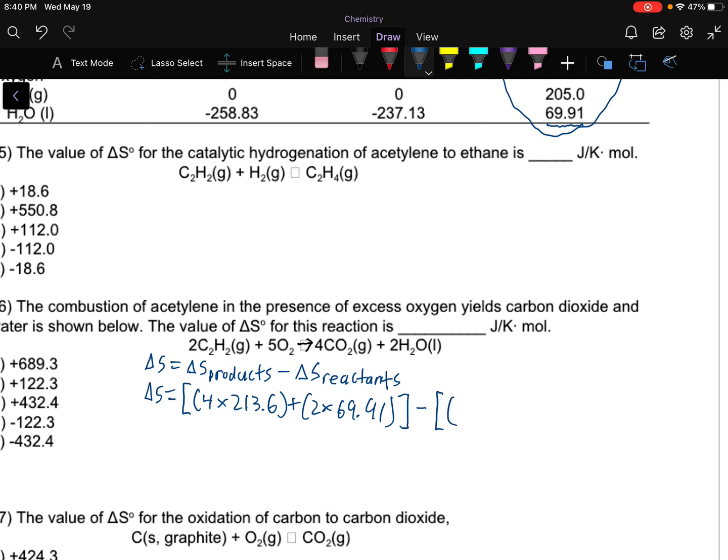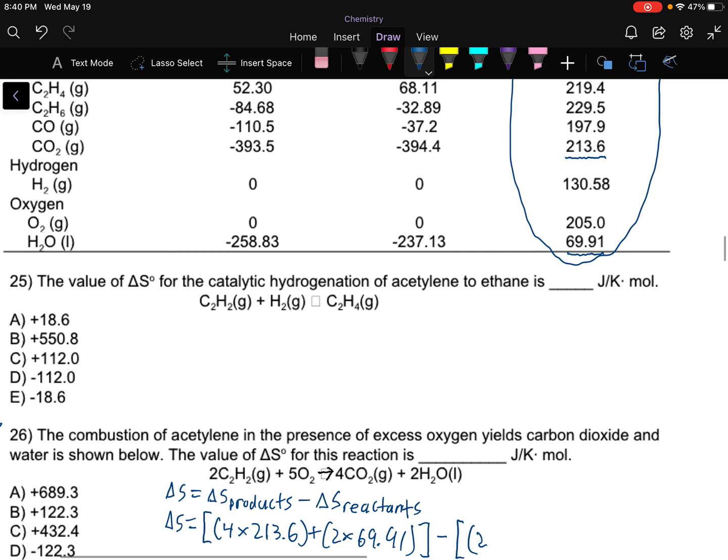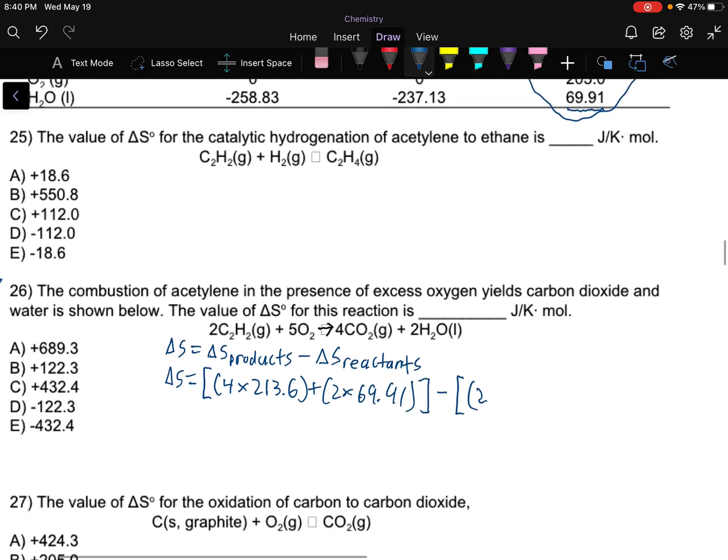So there's 2 moles of C2H2 gas involved in this reaction. So 2, and then go up to the table, C2H2 gas, that's 200.8. So we do times 200.8.